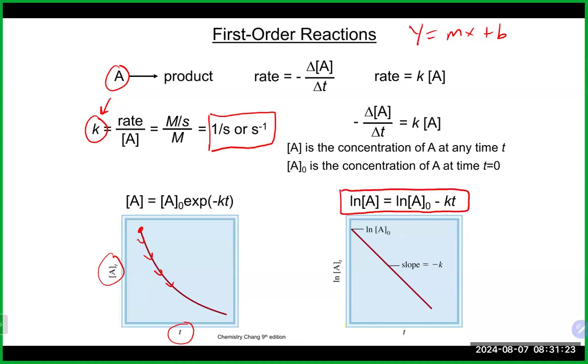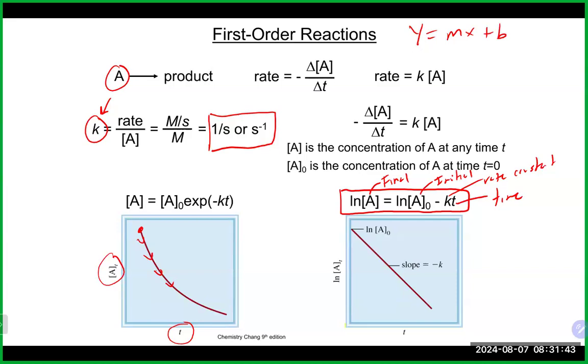It is the natural log of A is equal to the natural log of A naught minus kt. This is like your final concentration. This is like your initial concentration. k is your rate constant. And t is actually time here. Again, not temperature, so that's actually time.